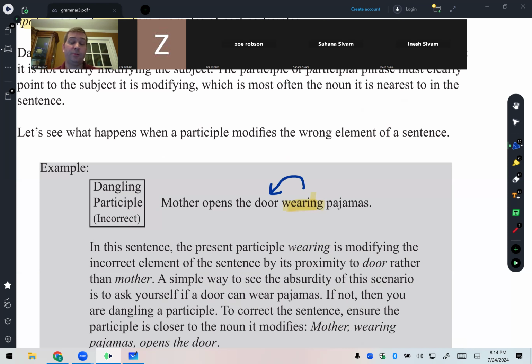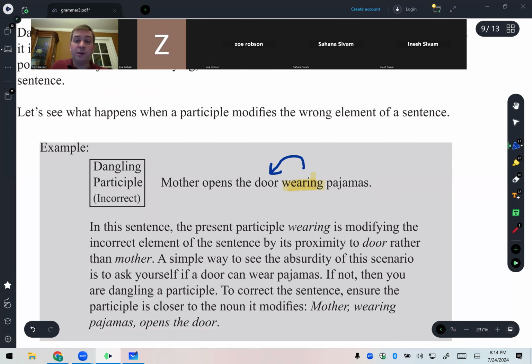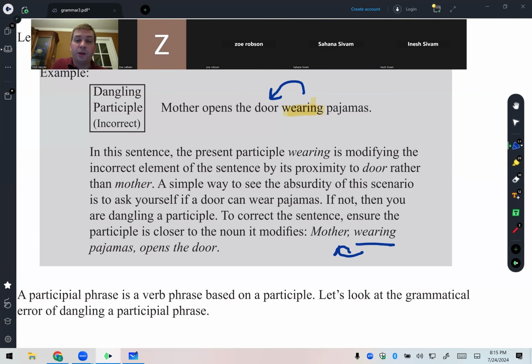And you may say, well, Mr. Hessler, of course I can infer that mother is wearing the pajamas, not the door. That's not what the sentence says. Technically, the door is wearing pajamas. That's what a dangling participle is. So to fix it, we just need to put the participle closer to the thing it's modifying. Mother, comma, wearing pajamas, comma, opens the door.